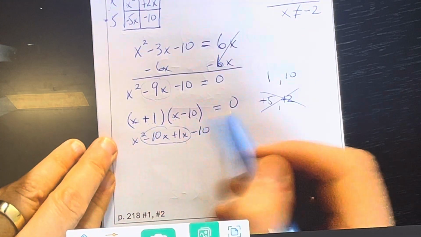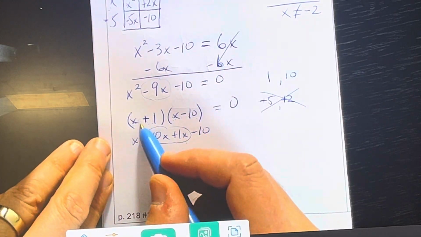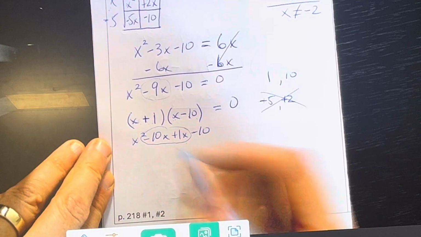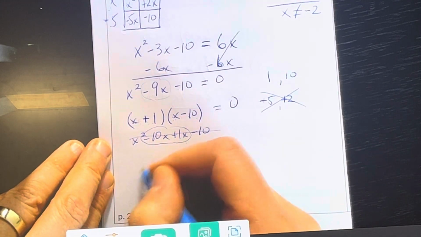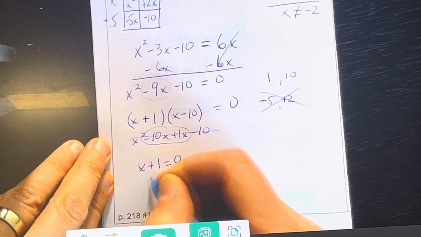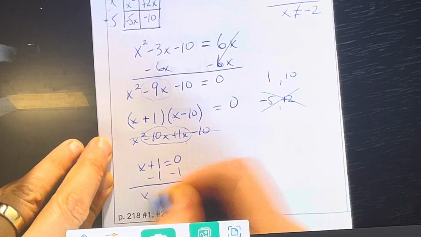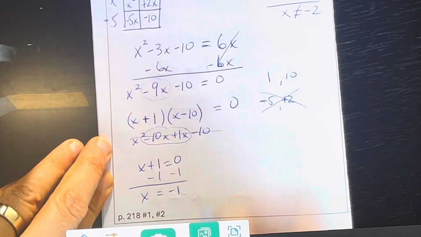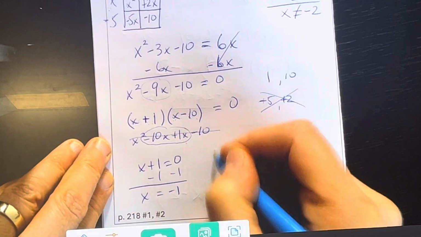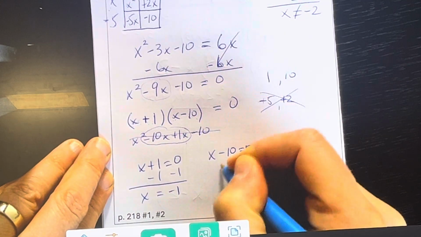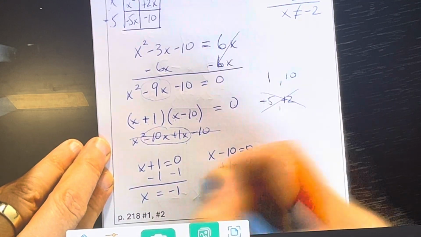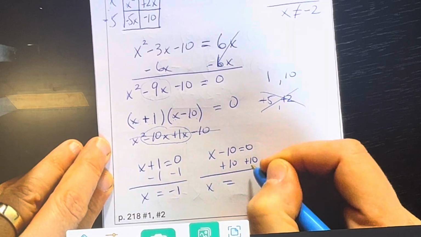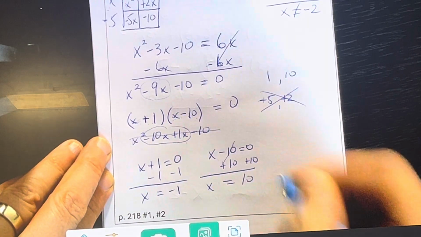For that equation to equal 0, we need to set each factor equal to 0. So we'll say, this is done. X plus 1 equals 0, inverse operation, x equals -1. X minus 10 equals 0, inverse operation, x equals 10.